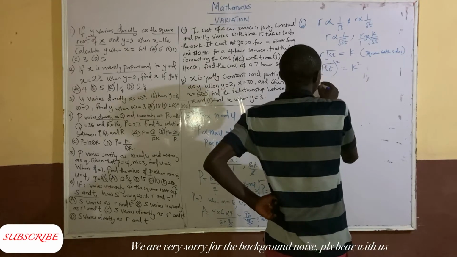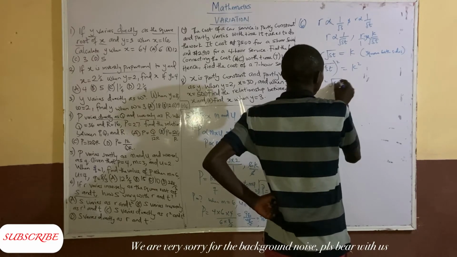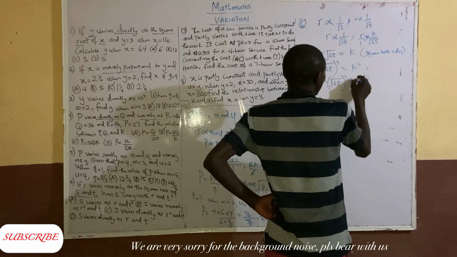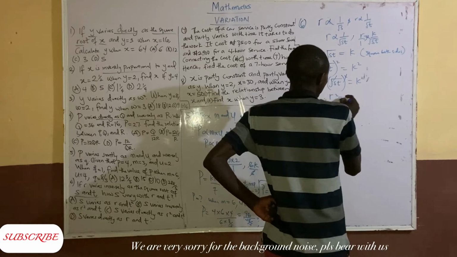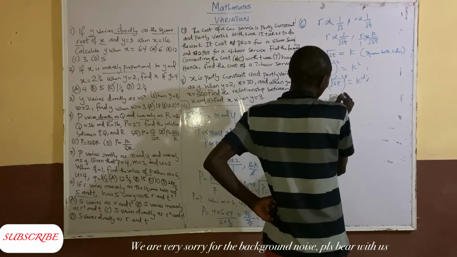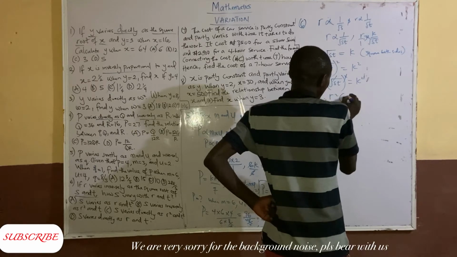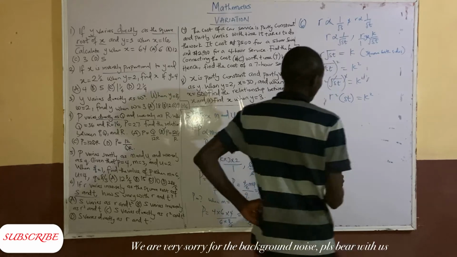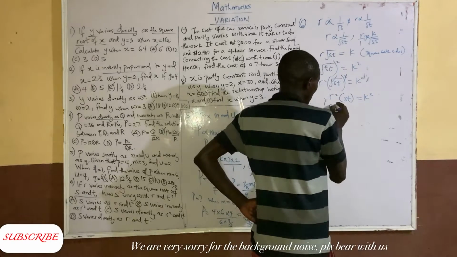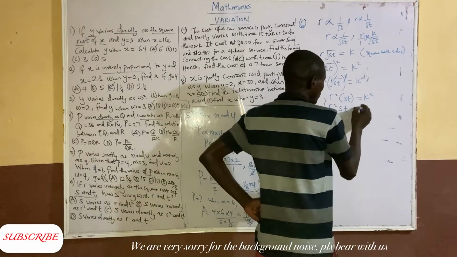So this one cancels out. Now we have R squared times ST equal to K squared. Be careful about this.